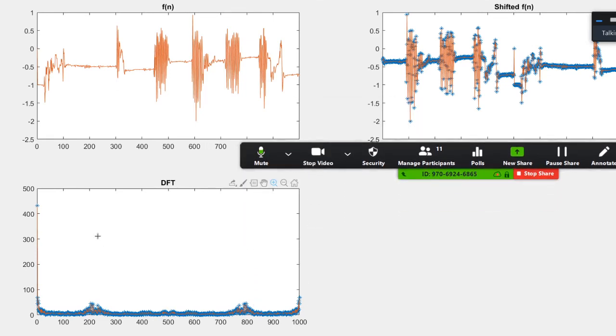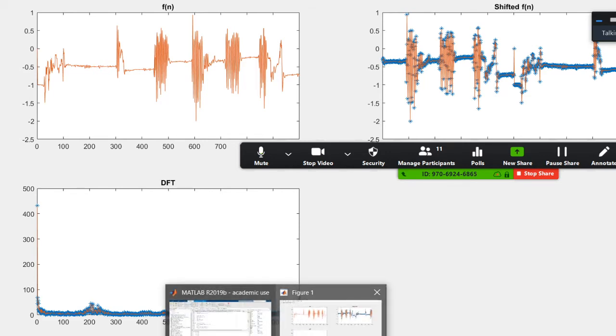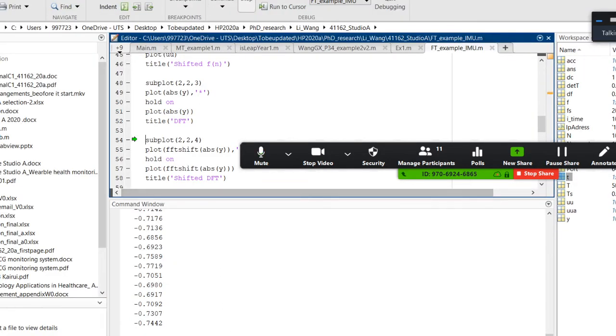Because we have a very big DC component here, this one hasn't been shifted, so it cannot be read. We need to shift the DFT. So we continue and plot the shifted value.